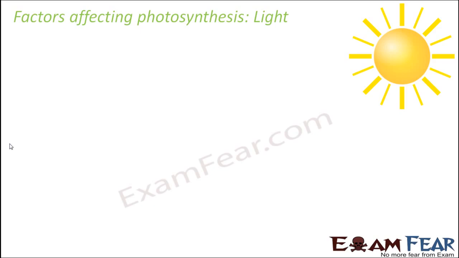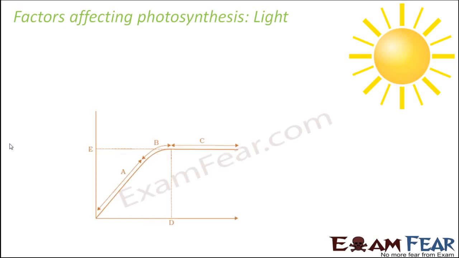If the intensity of light is increased, what will happen? Will the rate of photosynthesis also increase, or will it decrease, or will it not have any effect? So let us have a quick look. This is how the rate of photosynthesis will change. The y-axis denotes the rate of photosynthesis and the x-axis denotes the light intensity.